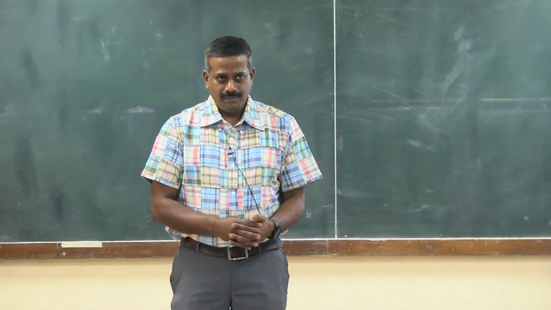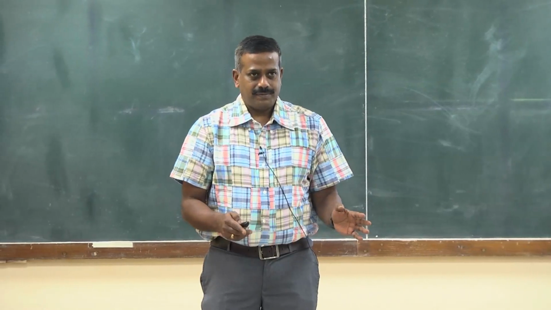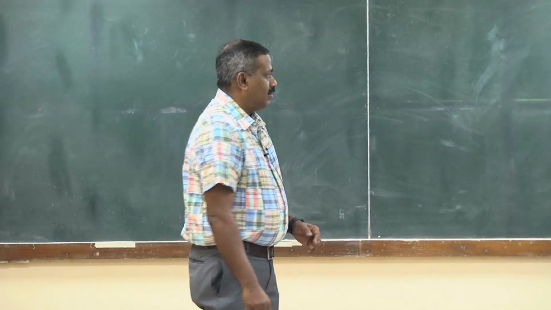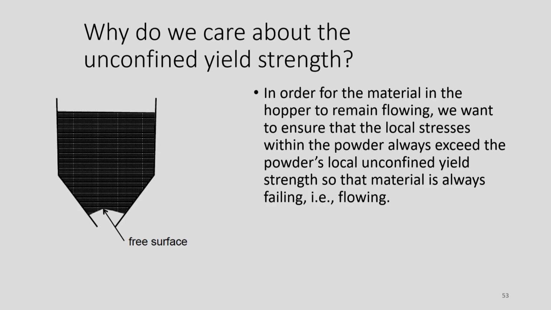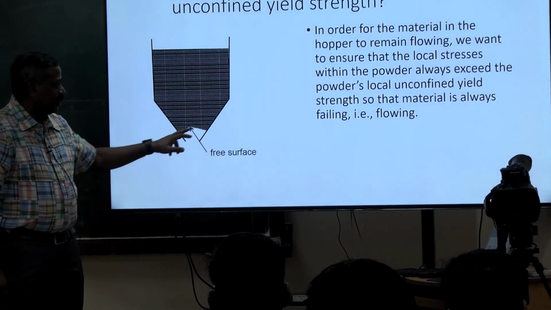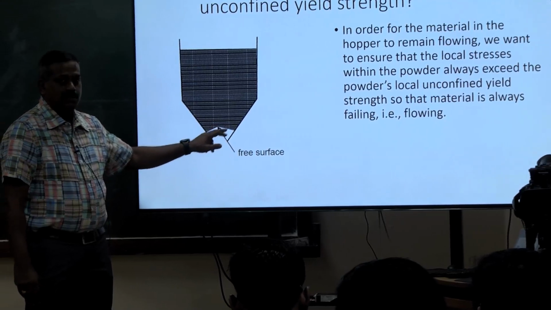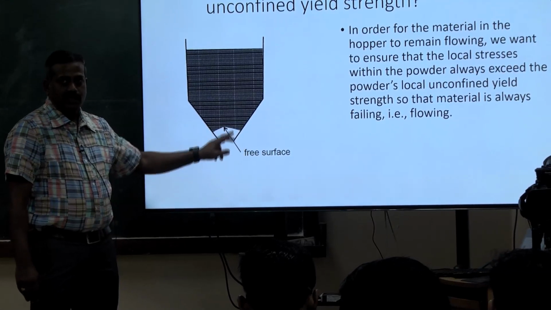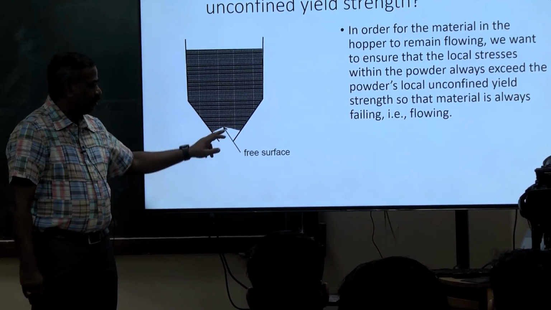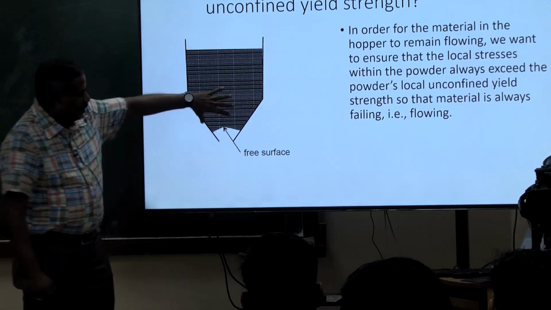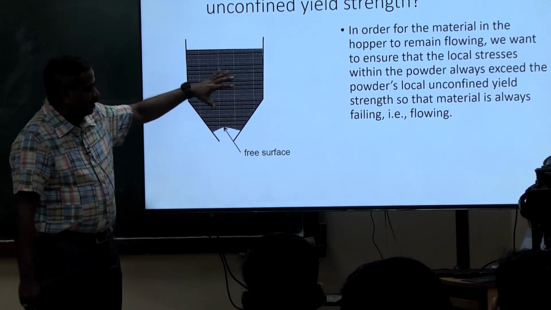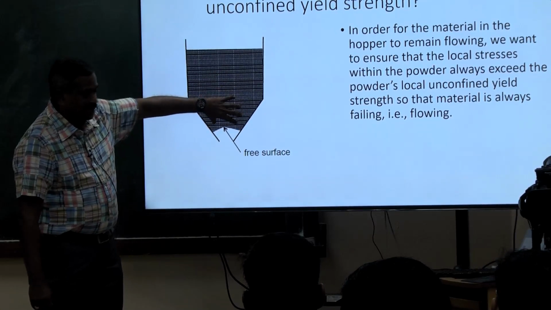Clear? So why do we care about unconfined yield strength? When we open the bin hopper, usually the powder has to break free from this bottom layer, so the powder has to flow from the bottom. But due to the hopper dimension and hopper characteristics, there will be some strength in the powder here.